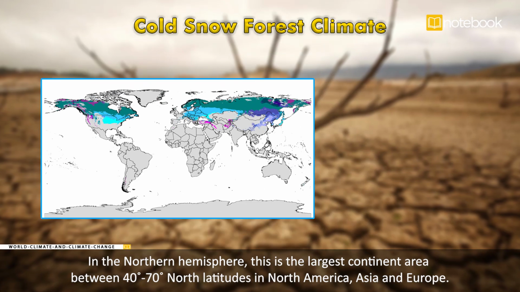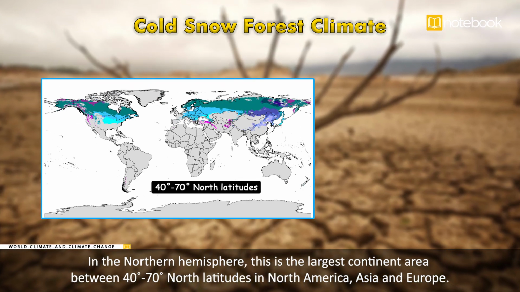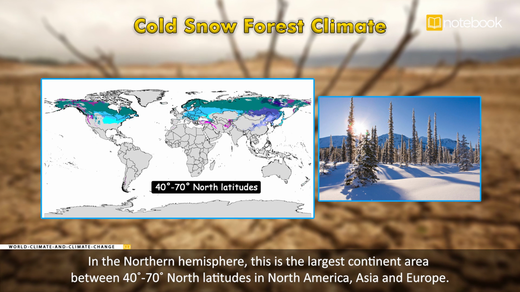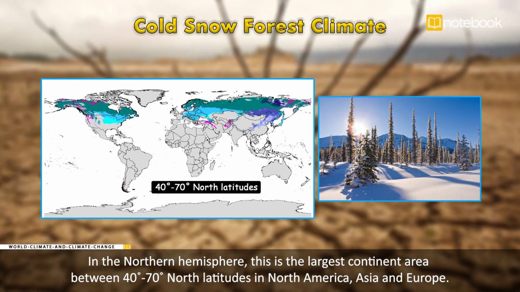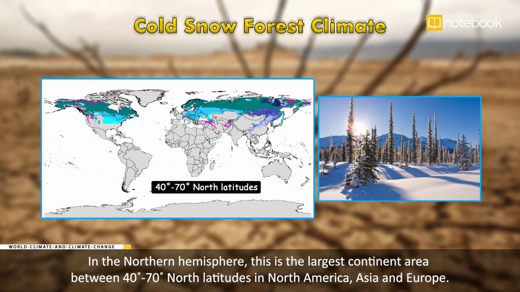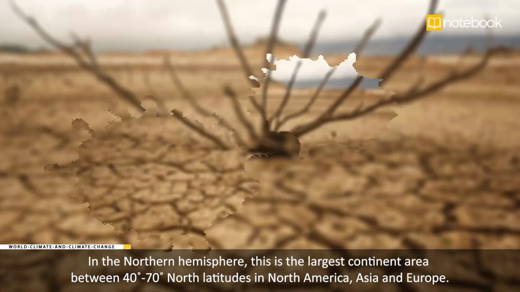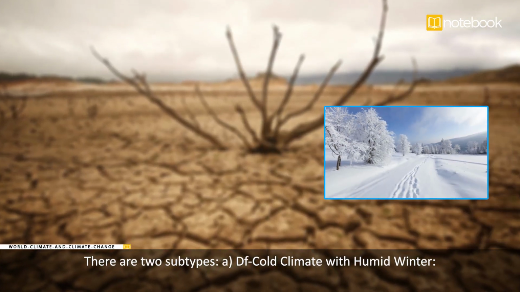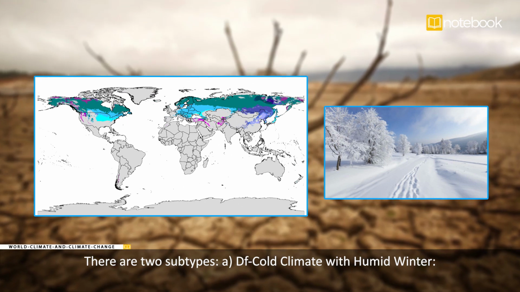Group D, cold snow forest climate. In the northern hemisphere, this is the largest continental area between 40 degrees to 70 degrees north latitudes in North America, Asia and Europe. There are two subtypes. DF, cold climate with humid winter.